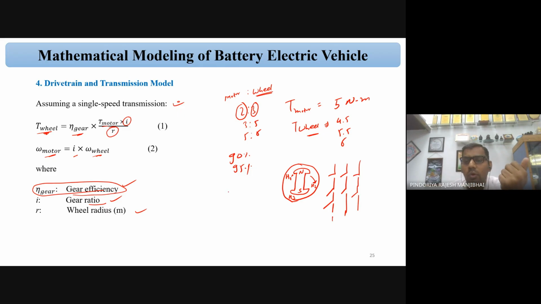So the Hall effect sensor is used to see the position of the rotor. Based on the rotor position, we can operate the inverter part. This is the commutator part, correct?